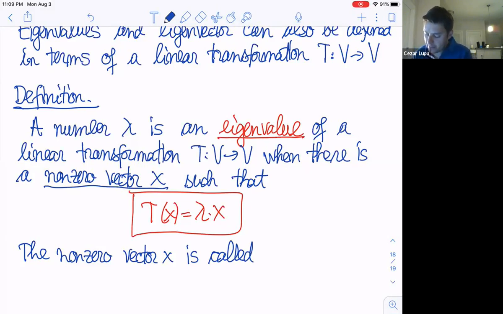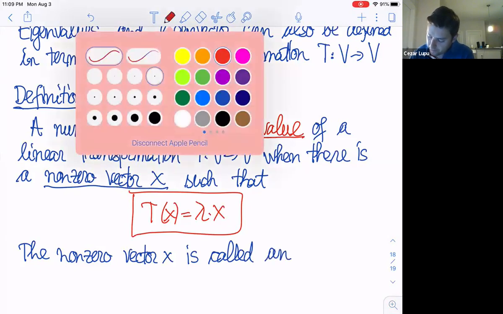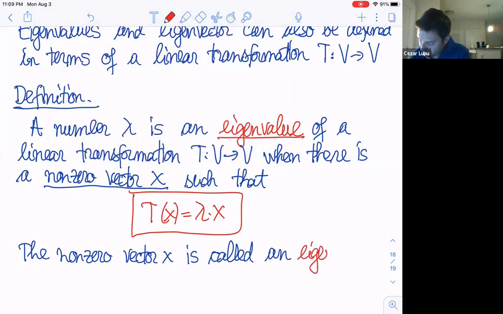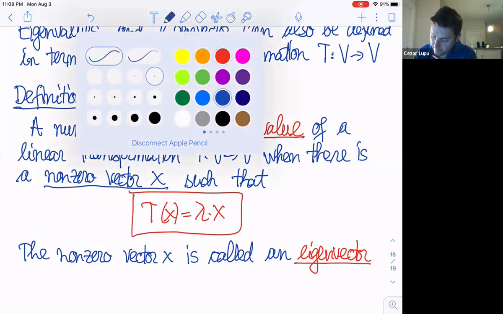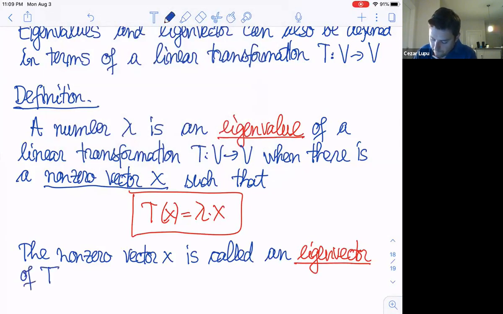This vector X is called an eigenvector of T, corresponding to the eigenvalue lambda.